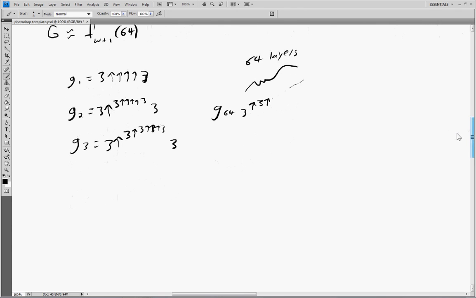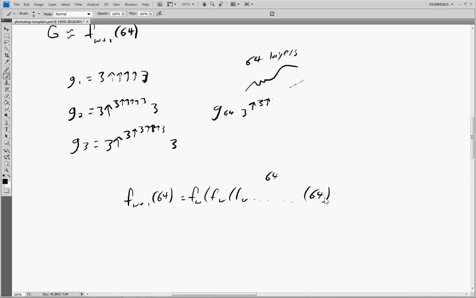And if we relate this to the fast-growing hierarchy, the same kind of thing happens. If we have f omega plus 1 of 64, n is now our 64, so we're going to have 64 copies of the f omega function. So we're going to have f omega of f omega of f omega, and so on, 64 times of 64.